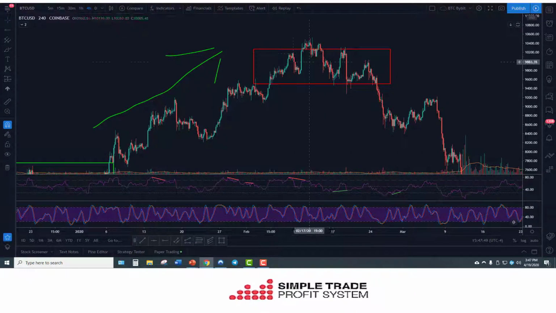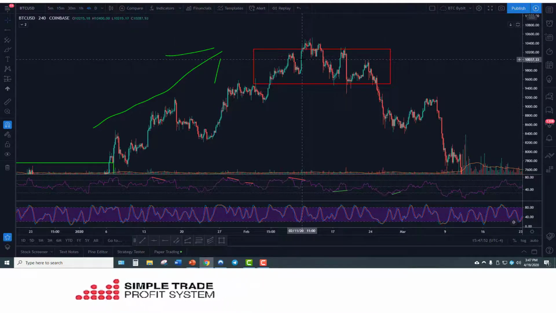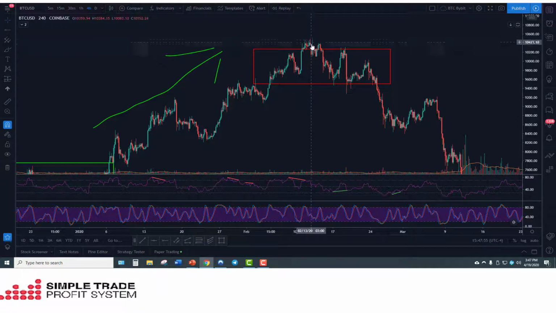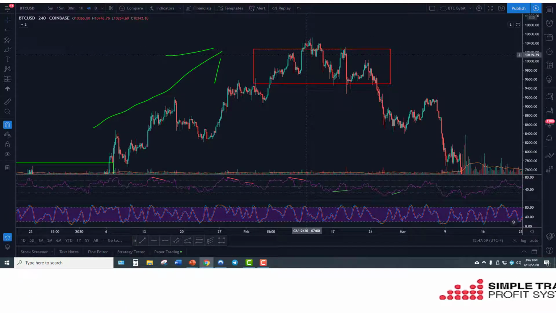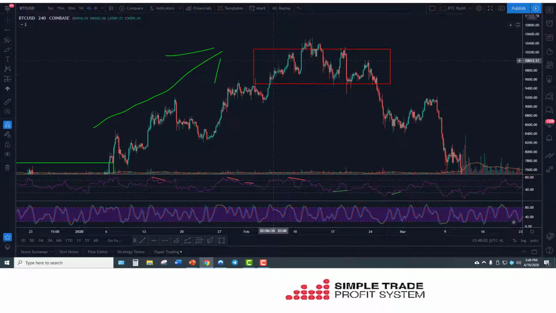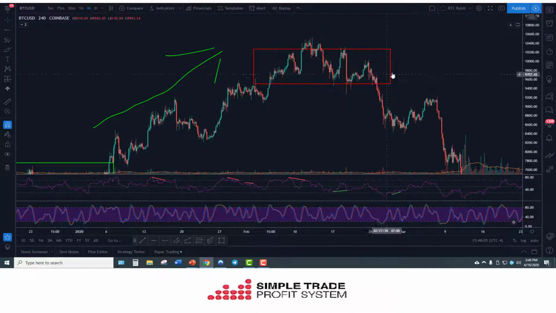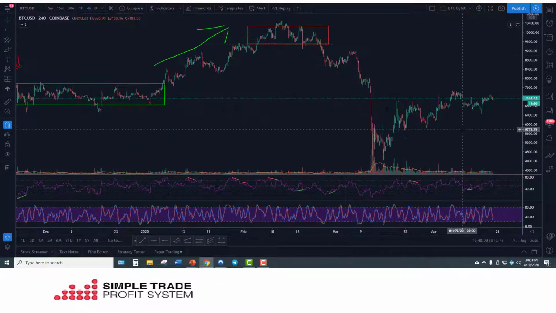So we started our uptrend, and we got into the climax where we reached the top of the uptrend. It tried to spring out, didn't have enough buyers coming in to continue the uptrend. We started to trade sideways, trend again, before now breaking down.